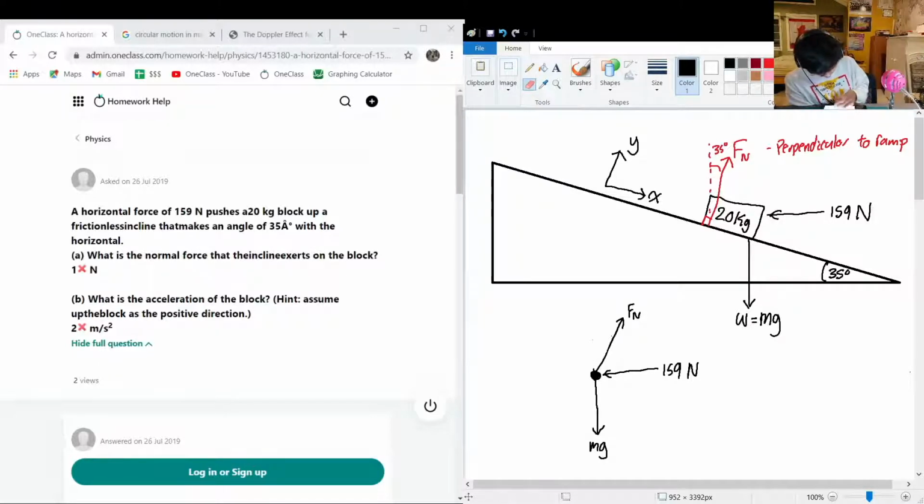So if this is our y direction, and this is our x direction, like that, just as it appears in the diagram, we would have this situation here, and this angle here is 35 degrees, and this angle here is, let me think about this for a moment. So let's do the angle like this.